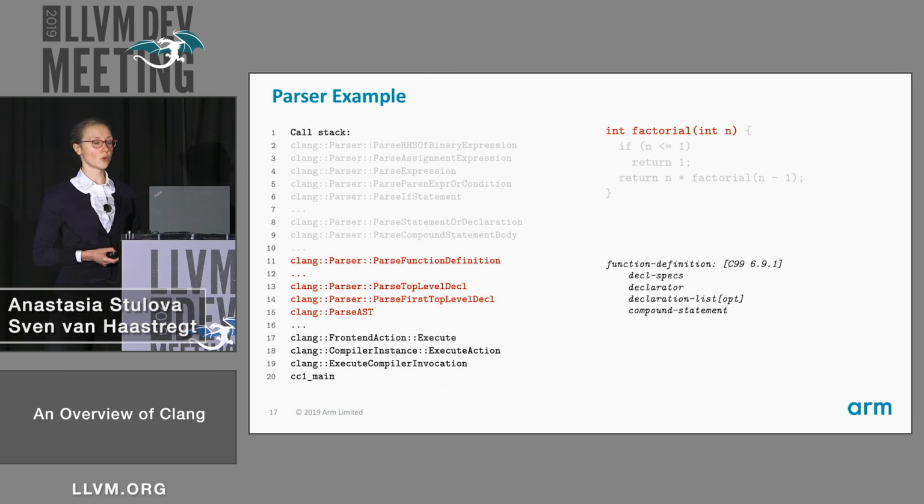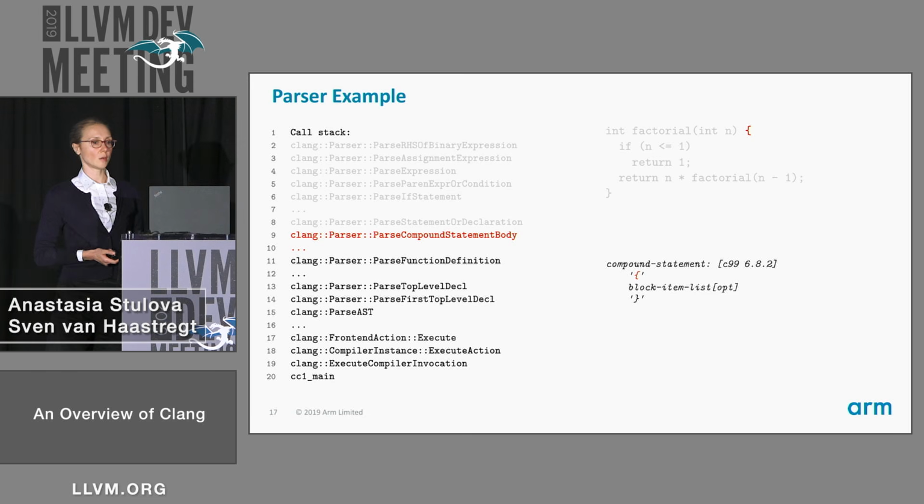As I mentioned, we go top to down. We apply the top-level rules first. In this example, we have a top-level function definition, and therefore the first rule that applies is ParseFunctionDefinition. That's how it is defined in the spec, in the grammar rules as well.